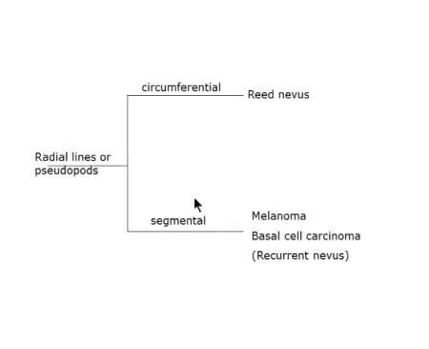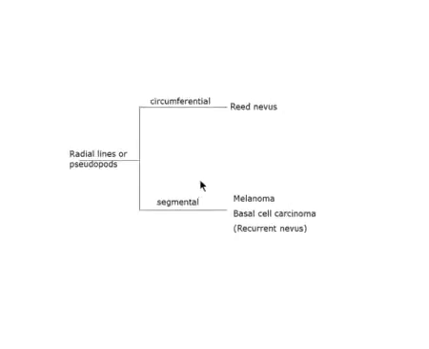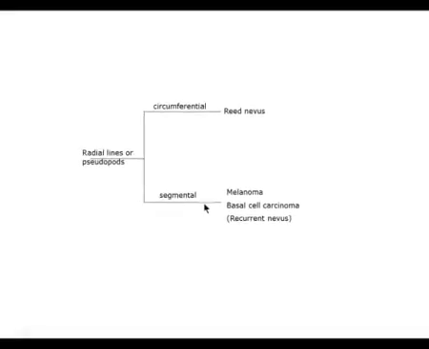Or radial lines of pseudopods that are distributed only in some segments at the periphery. Then we have segmental radial lines of pseudopods. Then the differential diagnosis is melanoma versus basal cell carcinoma. Also, the differential diagnosis includes recurrent nevus, but usually the context tells you if a recurrent nevus is present.